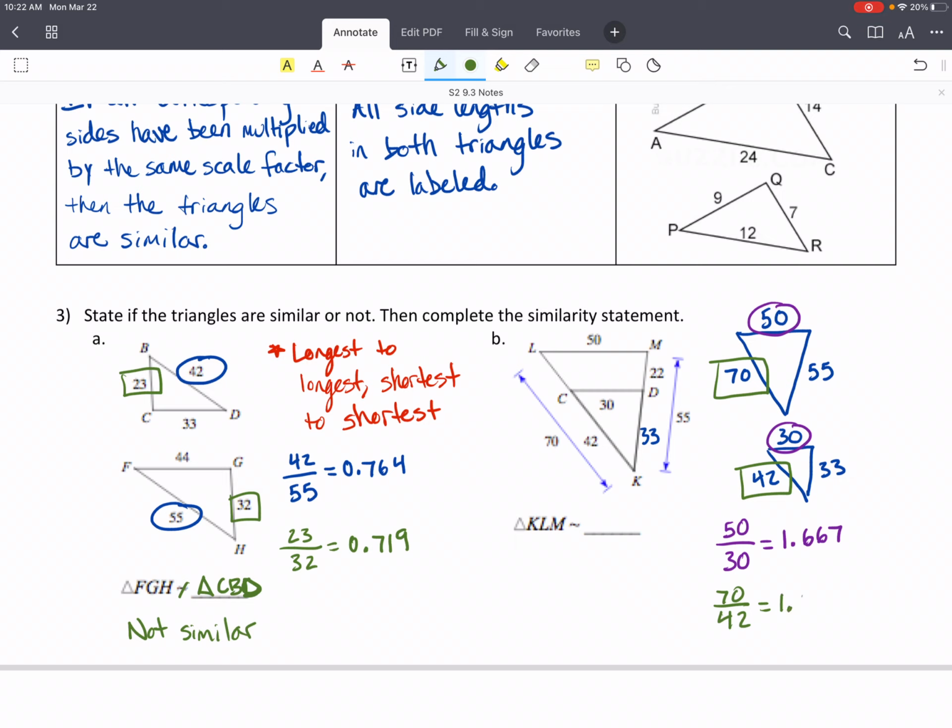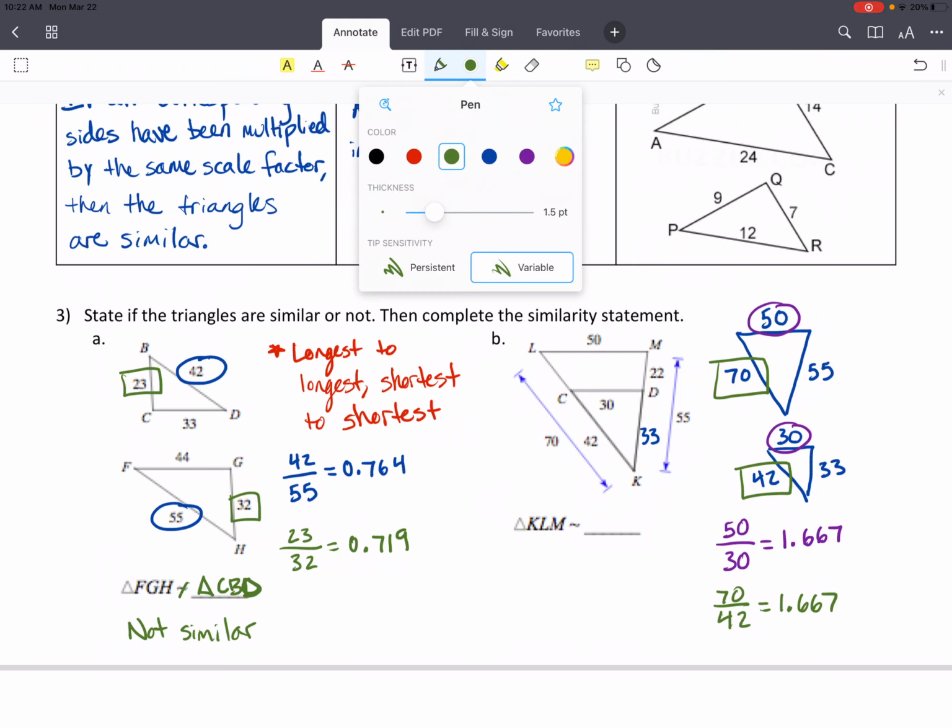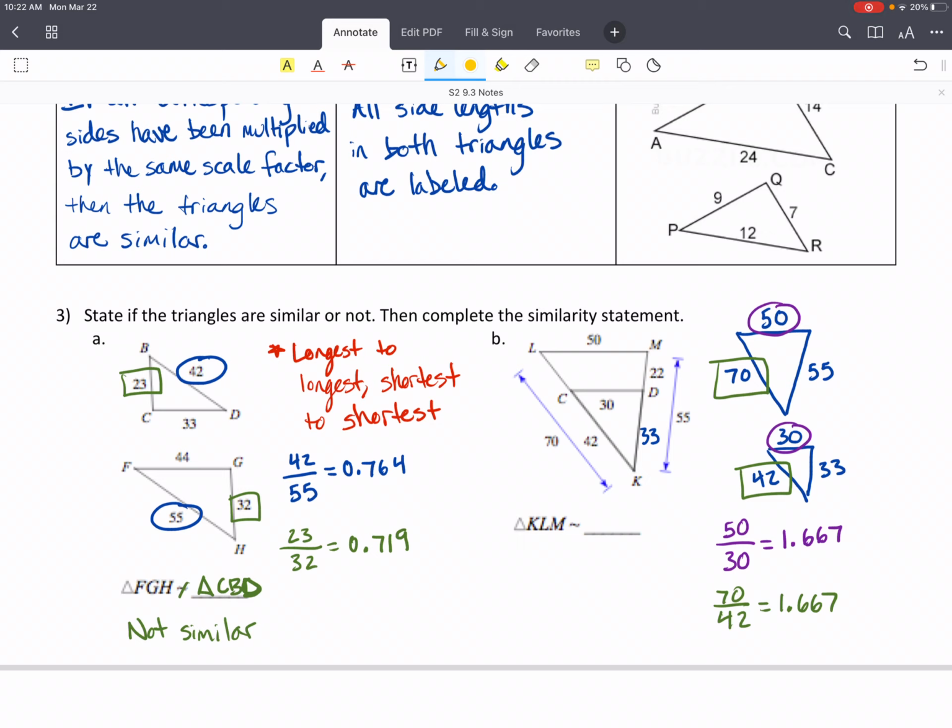Hey, this one's actually the same. Looking good so far. Then we're going to look at 55 to 33. All right, these ones are in fact similar.